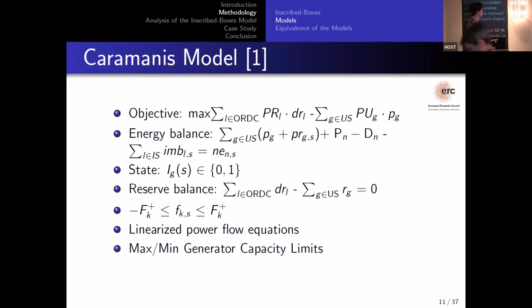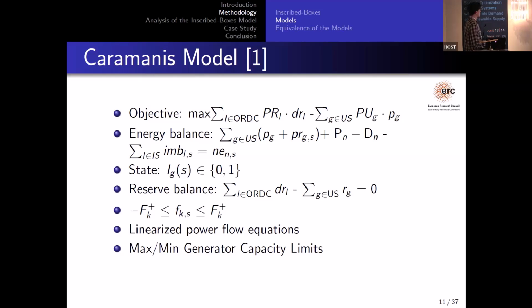PU is the price of the generator, and P is the production of energy. Then we have the energy balance constraint, which has the production of energy plus the production of reserve that's activated in the scenario S, plus the constants P and D, which are positive and indicate the positive injections or the negative injections at the node.